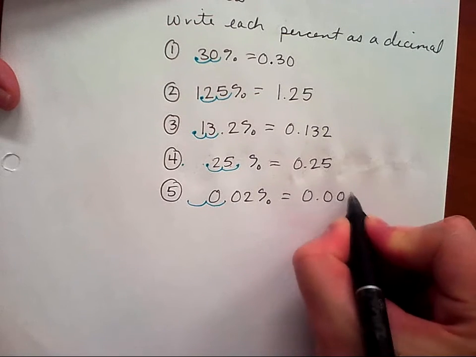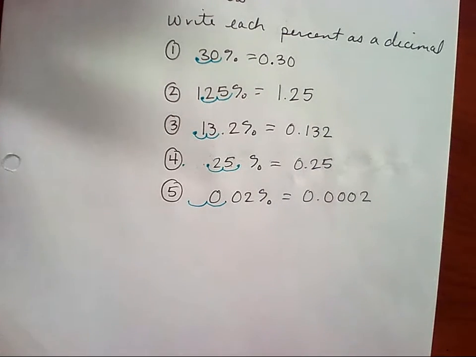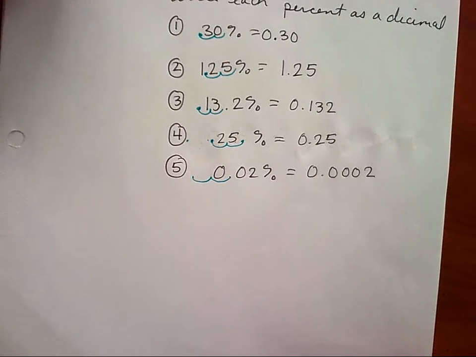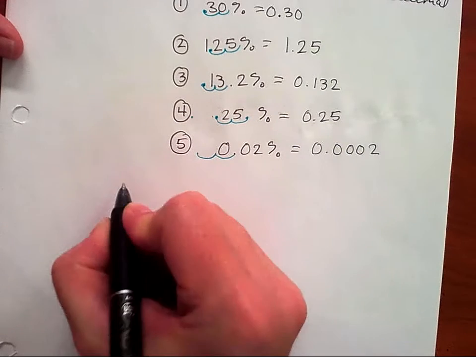So I have 3 zeros, 2. Okay, so we're good with this? Now let's talk about some equations.